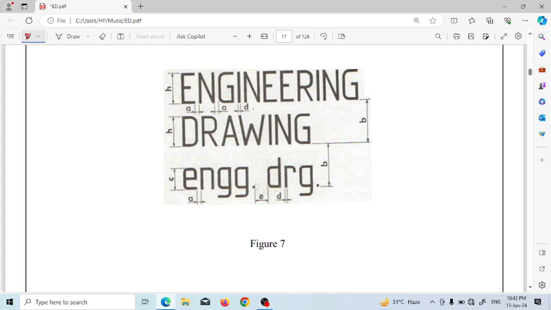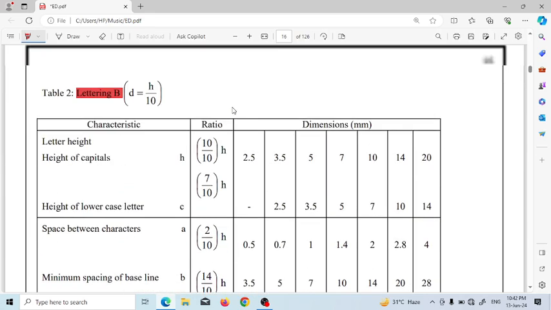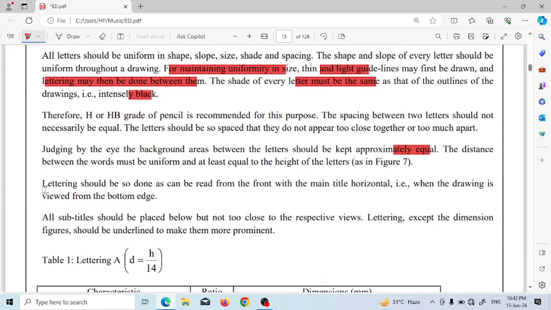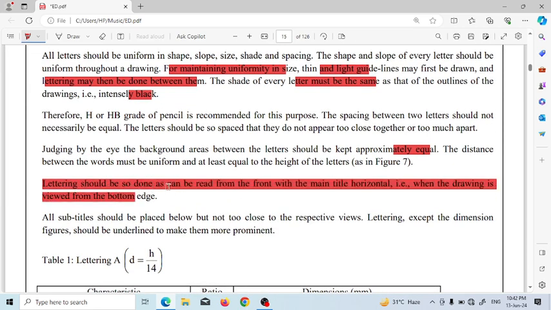So the distance between E and P must not be so far, and may be equal space. These are the equal spaces: the gap between A, E and N, and between A, N and G. So these are equally spaced letters. Lettering should be done so that it can be read from the front, with the main title horizontal, that is, when the drawing is viewed from the bottom edge.